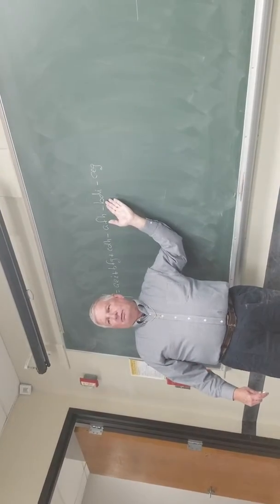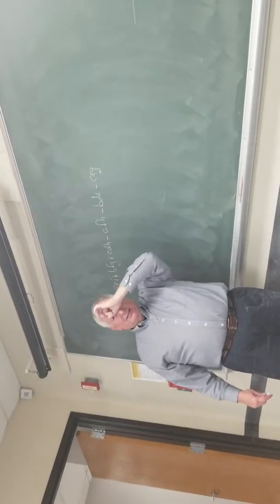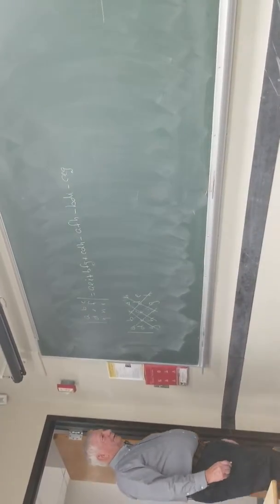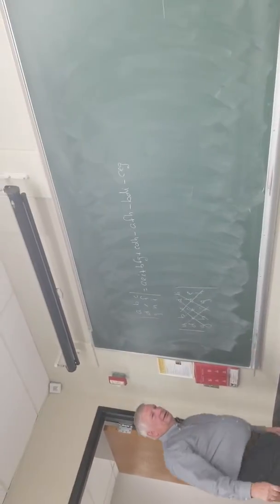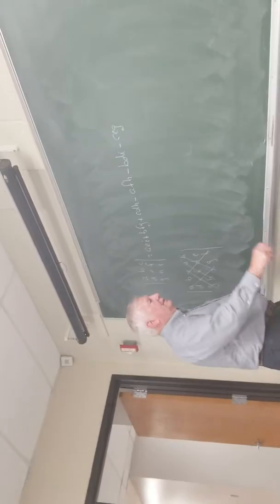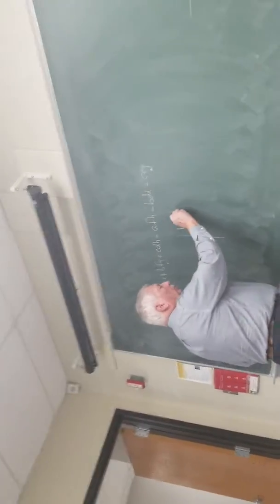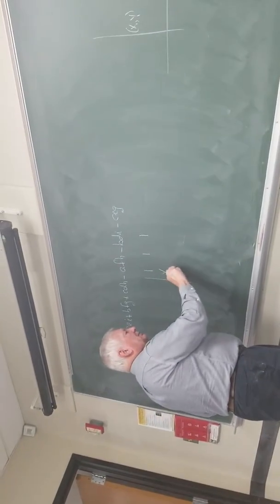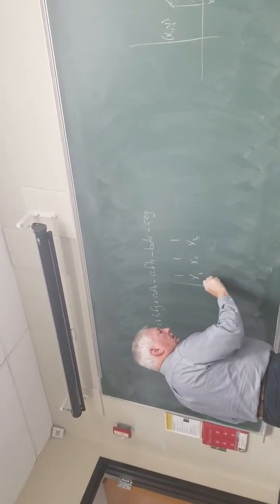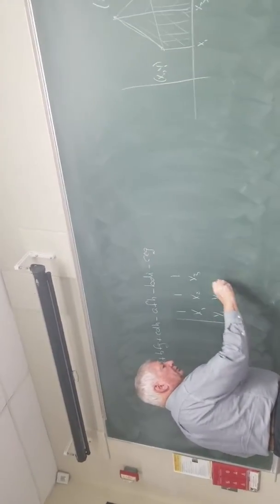It's a cyclops, the BDI. I just point that out. So let's look at the determinant 1, 1, 1, X1, X2, X3, Y1, Y2, Y3.